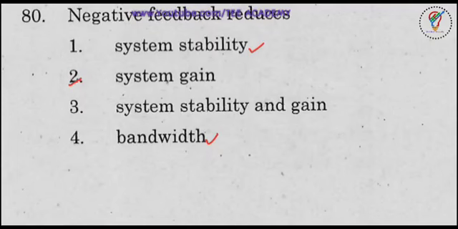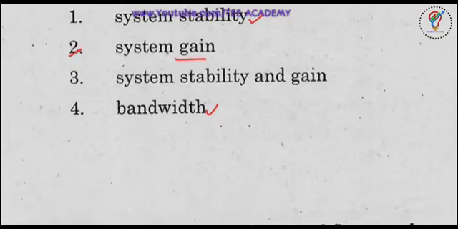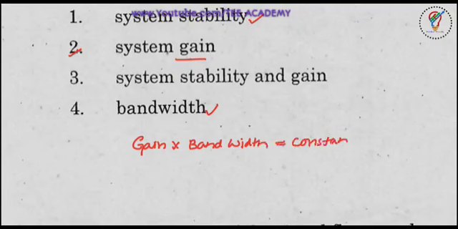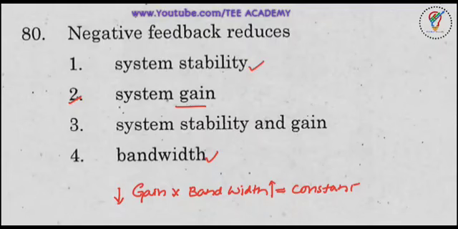Remember here, the negative feedback reduces the system gain, and we know that the product of gain into bandwidth is nothing but a constant. So as the gain decreases, automatically the bandwidth will increase. So the answer for this question is that the system gain reduces by negative feedback.